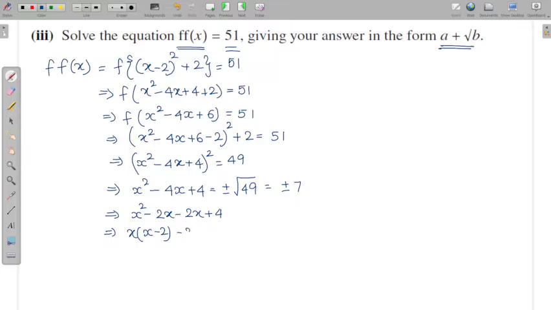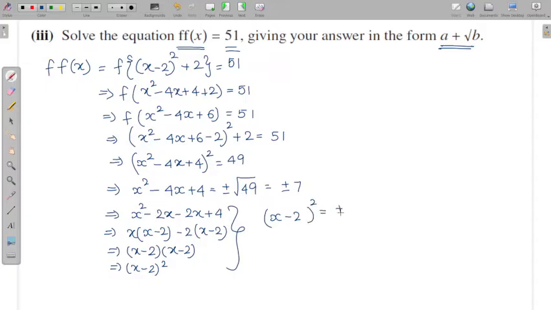And if you take 2 common out here, so again x minus 2. So now x minus 2 into x minus 2, that is basically x minus 2 whole square. So now if I write it like this, x minus 2 whole square is equal to plus minus 7.